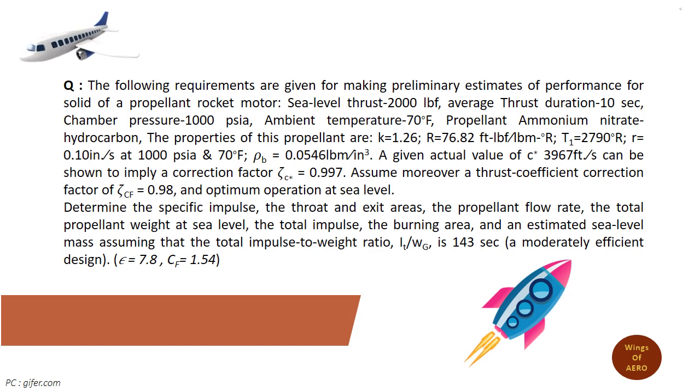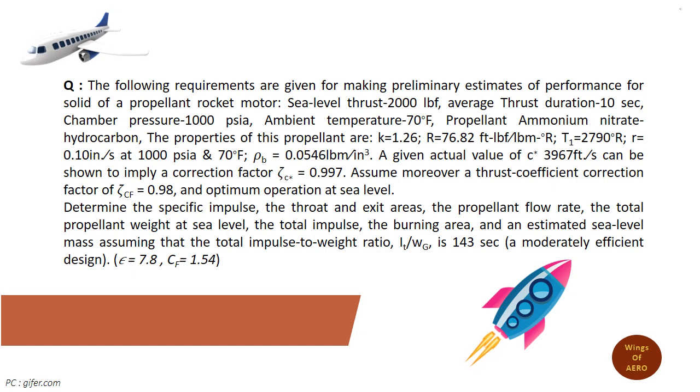A given actual value of C star is equal to 3967 foot per second can be shown to imply a correction factor of zeta suffix C star is equal to 0.997. Assume moreover a thrust coefficient correction factor of zeta suffix Cf is equal to 0.98 and optimum operation at sea level.